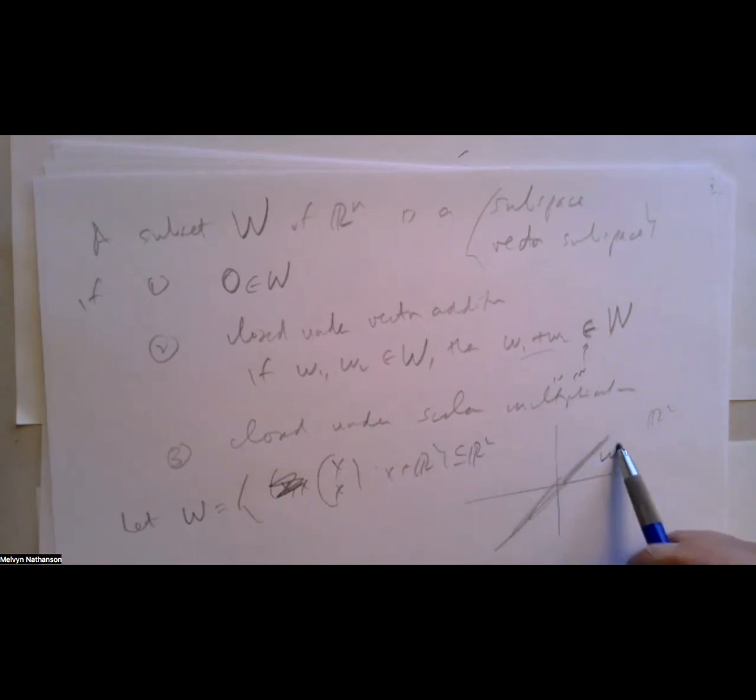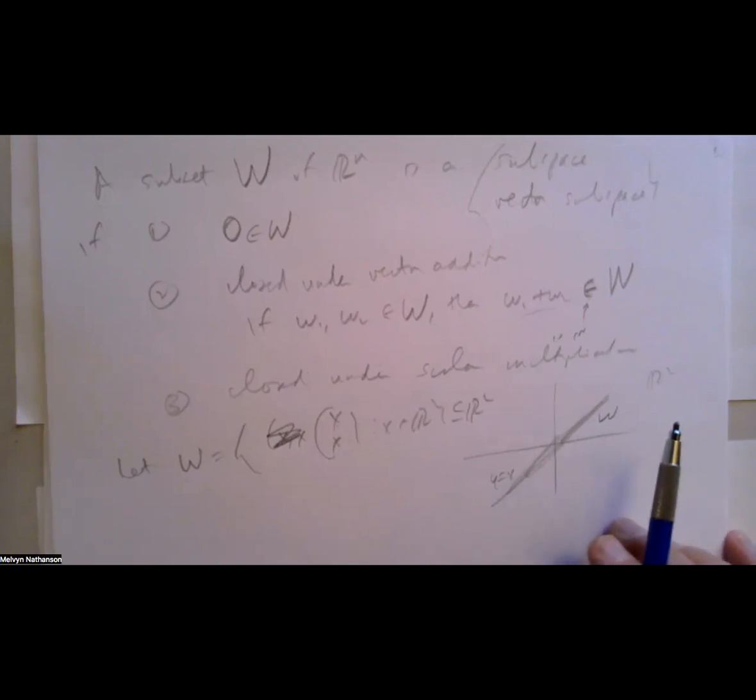So R2 is this whole infinite plane, and W is just the straight line y equals x. So this line through the origin in the plane is a very nice example of a vector subspace.